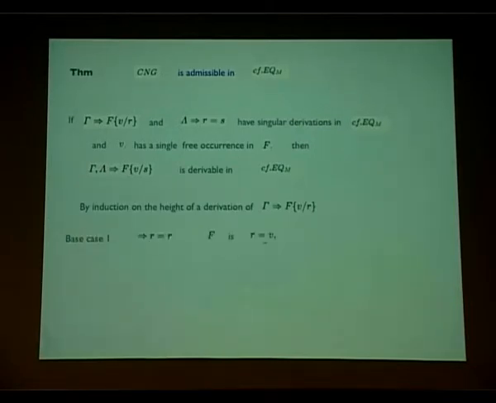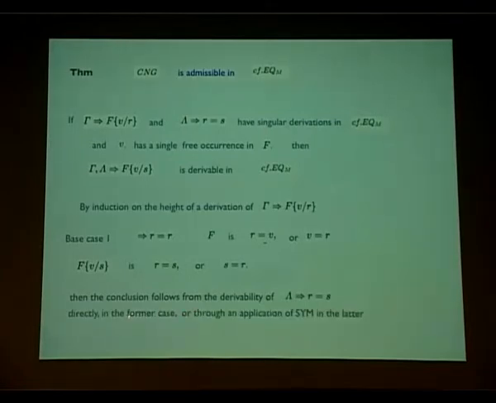The base case is not so trivial, because there are two ways in which this reflection axiom can be seen as the result of substituting R for V in the formula F. It could be R equal V or V equal R. In this case, F of S is either this or that. In the first case, it's obvious, and in the other, it follows from an application of the symmetry rule, which is admissible. It has been proved before.